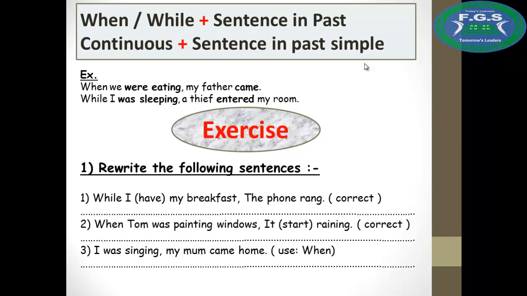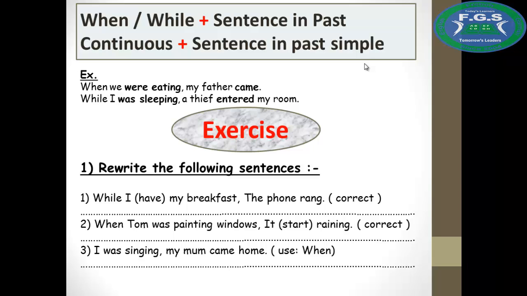For example, when we were eating, my father came. Number two, while I was sleeping, a thief entered my room. That's okay. The first part is sentence in the past continuous, and the second sentence is in the past simple.